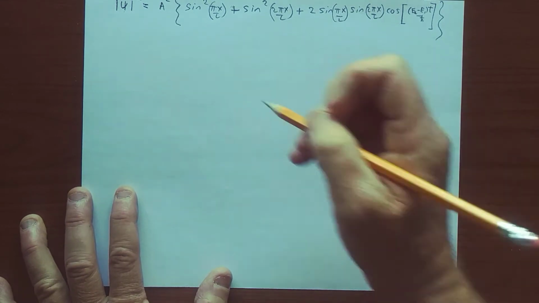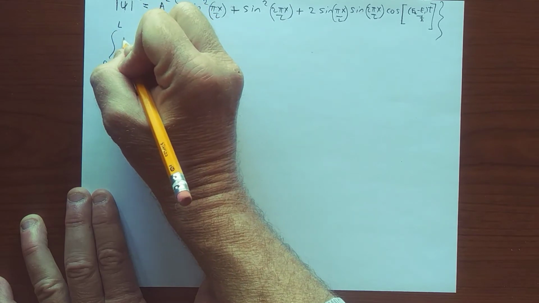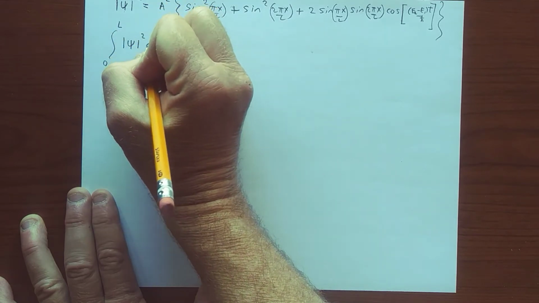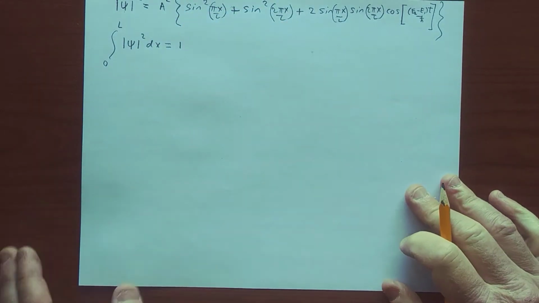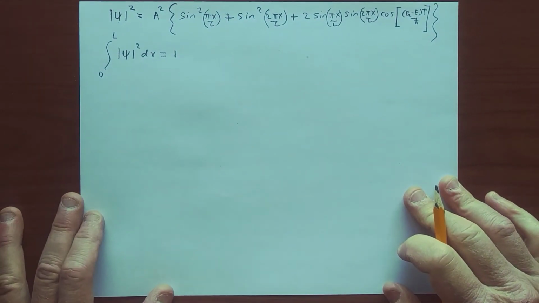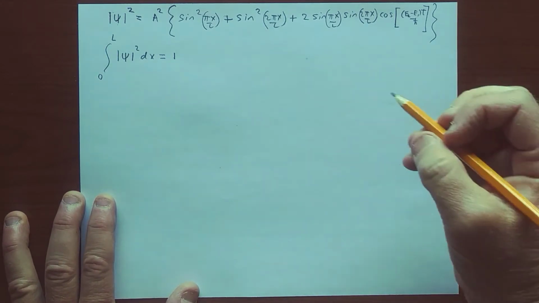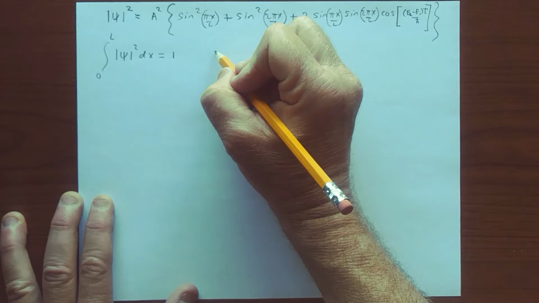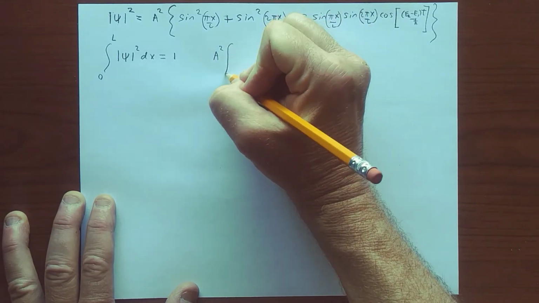Now we know that if we integrate this quantity over the entire space, then we have to get 1, right? There's a 100% chance of finding the particle between 0 and L. And so what does that translate into for these quantities? Well, it's a squared, and then let's integrate.